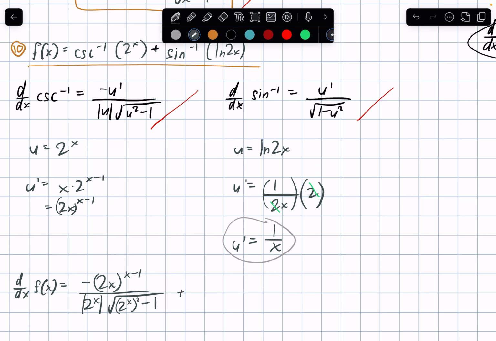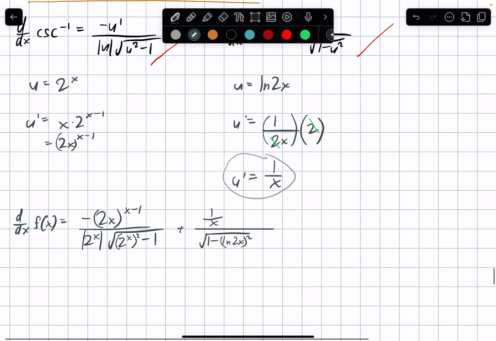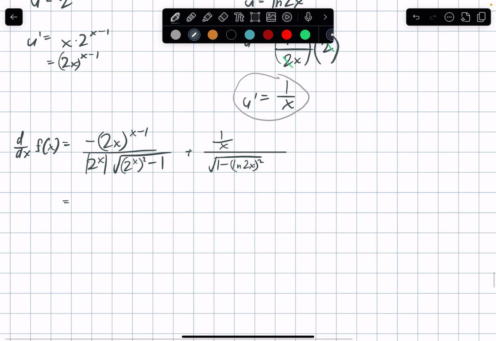And then plus arcsine, so u prime is 1 over x, right? Divided by square root of 1 minus u. U is this. Whew. What? This does not look beautiful at all.